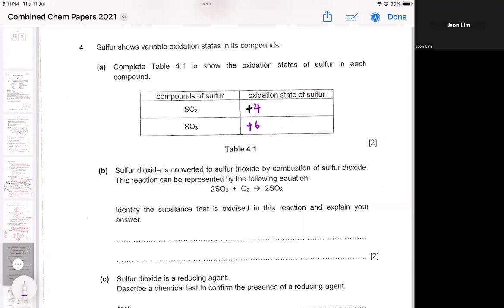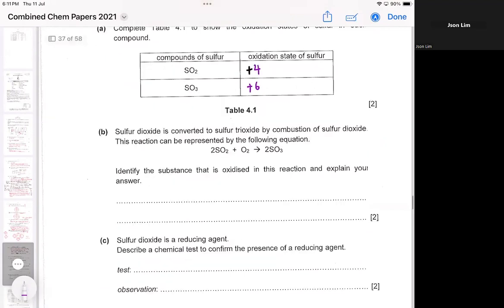Okay, then for 4B, I'll give you the two templates. One of them, you can go for oxidation state. Because they go from +4 here to +6, so it is oxidized. So I'll say sulfur dioxide. This is again a standard answer.